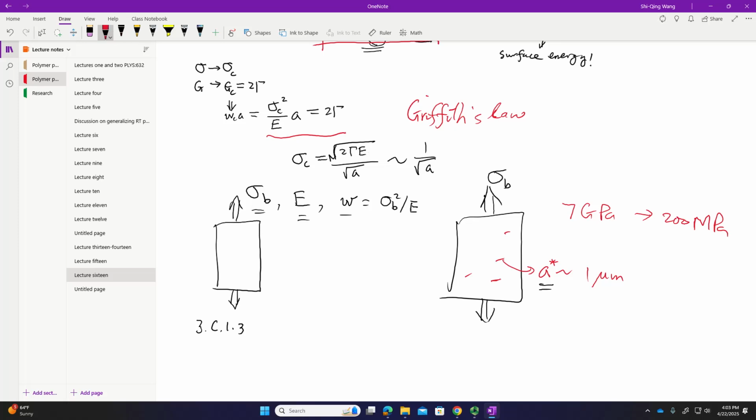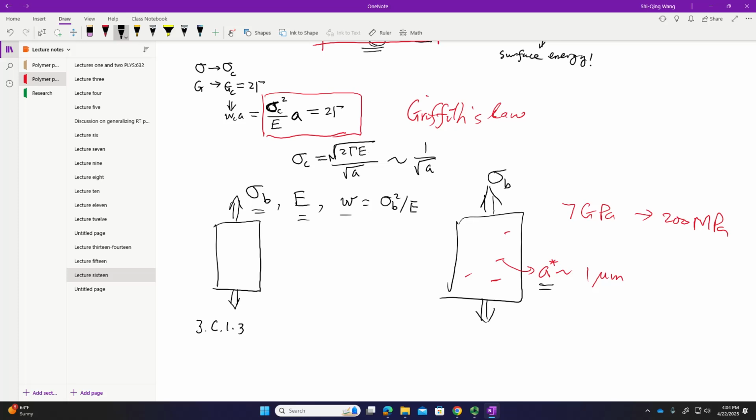We need not go further than Griffith's expression for you to realize that's indeed the case. There is a stress, but in addition, there is a length scale, which is the size of the flaw or of the cut. We'll come back to further description of this much later.